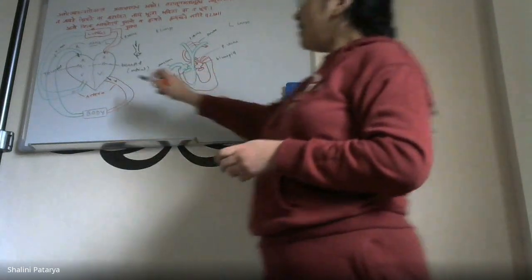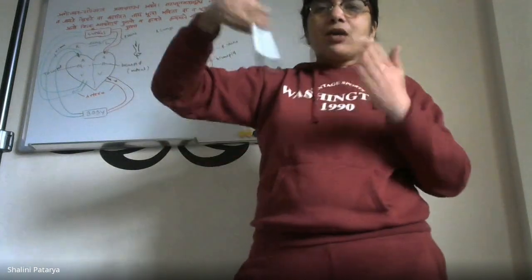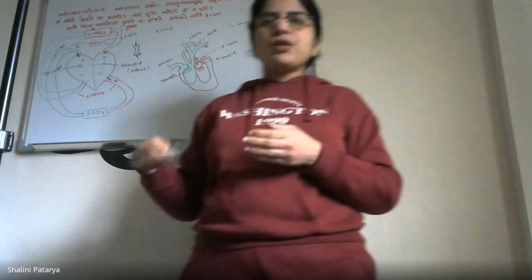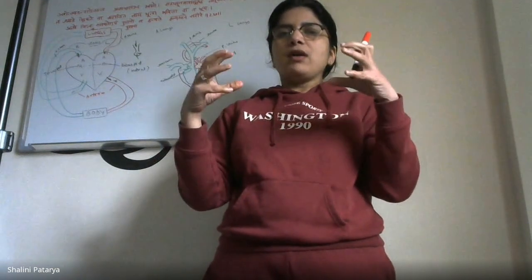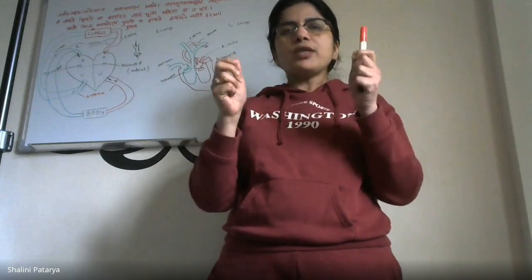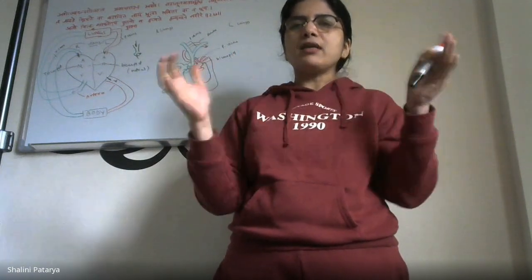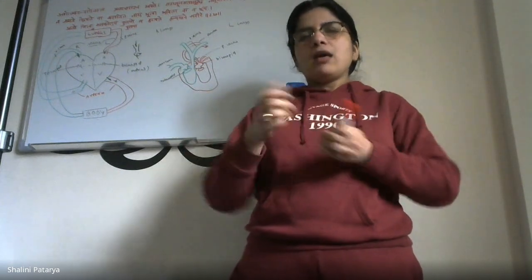and then it will distribute everywhere. I didn't draw here, but this has one kind of part which will wrap your heart also, because your heart also requires so much oxygenated blood and nutrient supply, so that your heart will get enough oxygen, so that it will contract, it will relax. Every minute it is contracting and pushing 5 liters of blood, on an average.